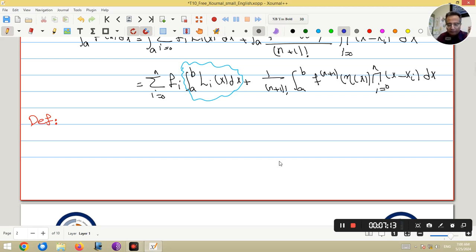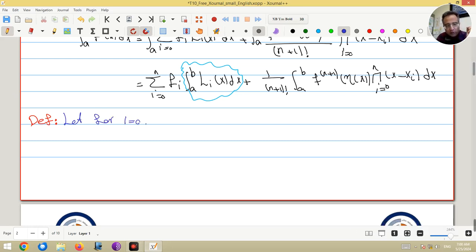In the above formula, for i equal to 0, 1, 2, ..., n, we define ai equal to the integral from a to b of li of x dx.